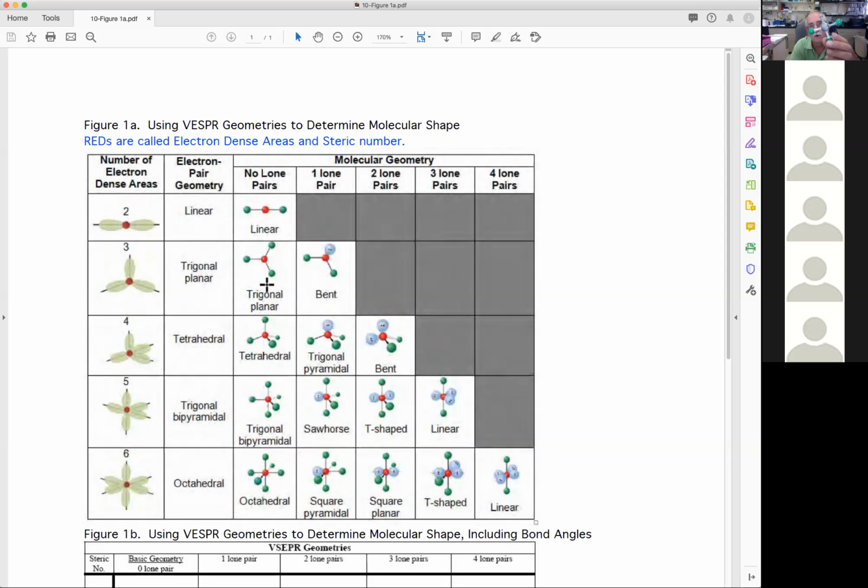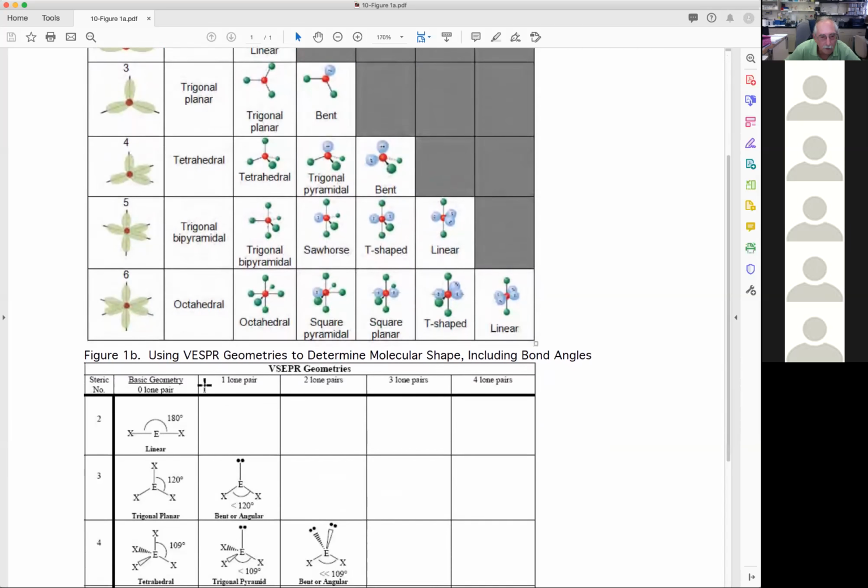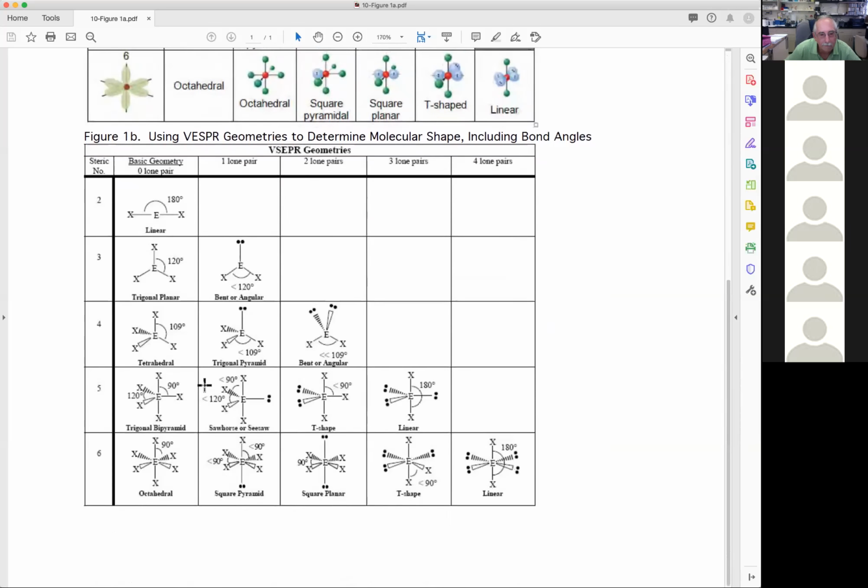So if I take one more off, I'm going to get linear. If I take one more off, it simply becomes diatomic. Okay. So here's their idea of trying to show you bond angles.